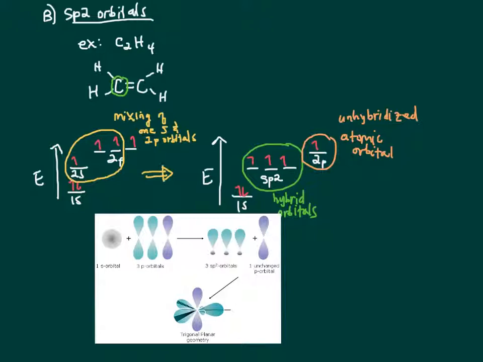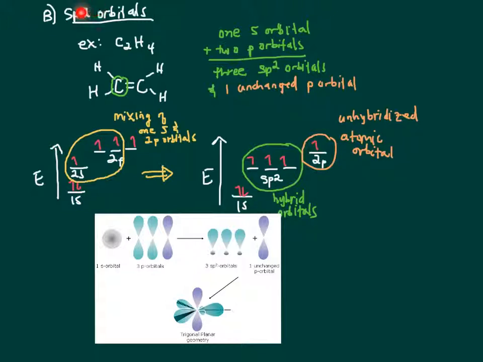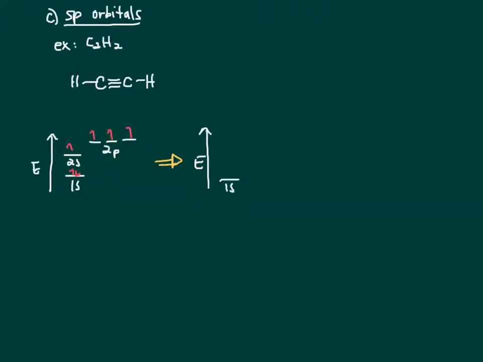So let's review. For sp2 hybridization, one s orbital is going to combine with 2 p orbitals to make 3 sp2 orbitals and one leftover unchanged p orbital. The last type of hybridization we're going to talk about is sp hybridization, or sp orbitals.